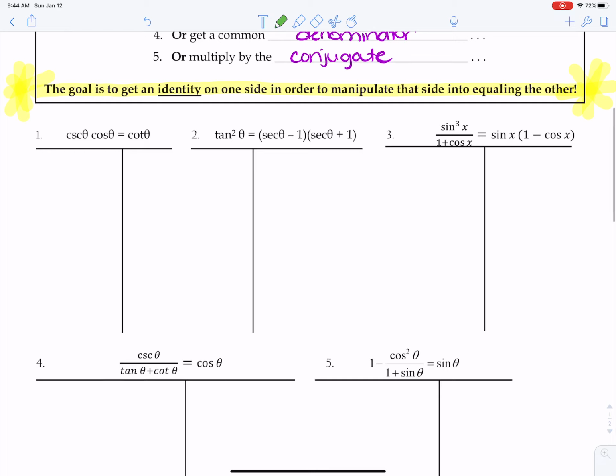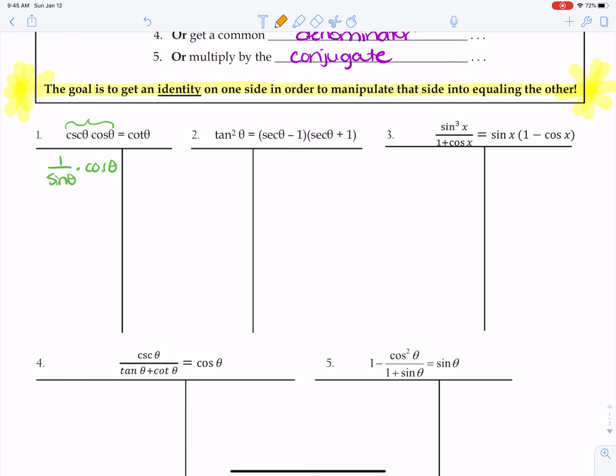Number 1. The most complicated side to me looks like this left side. And we've got to think about it. Okay, cosecant. First step, can we distribute? Nope, no distributing can happen. Sines and cosines can happen though. So the cosecant reciprocal identity is 1 over sine theta, times cosine theta.